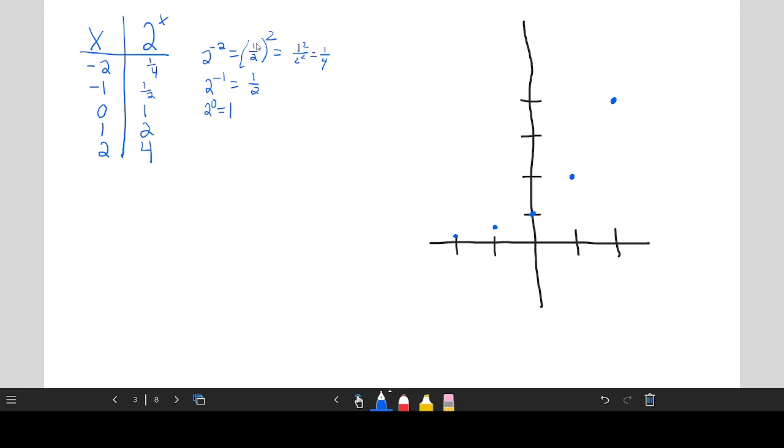So we're never going to get 0. You can't raise 2 to a power and get 0, and you can't raise 2 to a power and get something negative either. So what happens as we move to the left is the graph is going to get really, really close to the x-axis, but it's never going to touch or cross it. And so the x-axis is a horizontal asymptote for this graph.